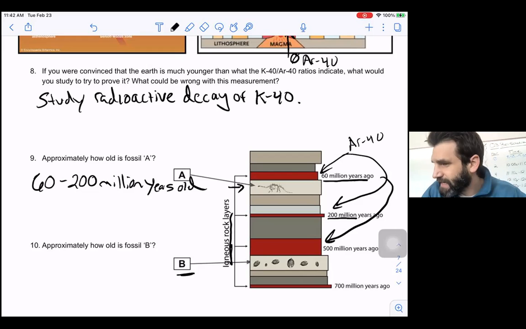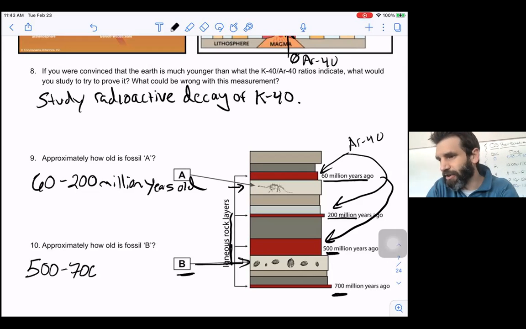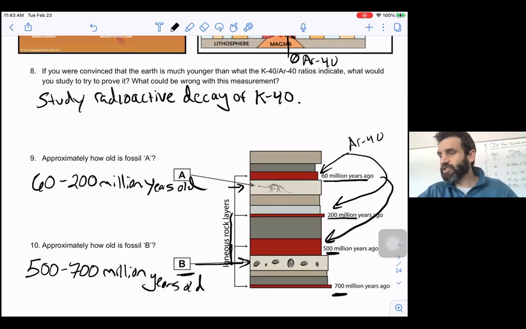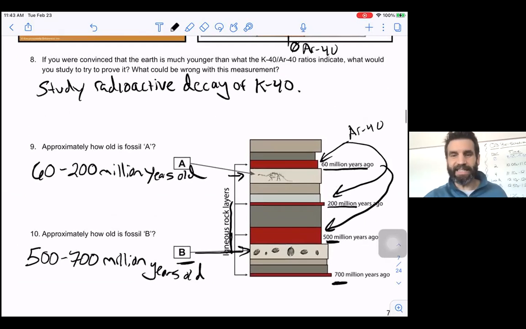And so this here now, we've dated between 500 million and 700 million years old. So that means that this fossil in here must be between 500 and 700 million years old.